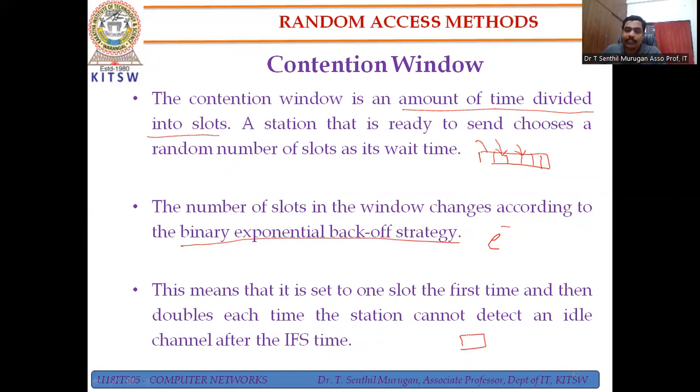Time slots are there. First time it will take a slot and wait. The second time it comes, again the medium is busy, so it will take the second slot and again wait. Like that it keeps waiting, so there is again a problem for the particular station. That's why it will take IFS time.